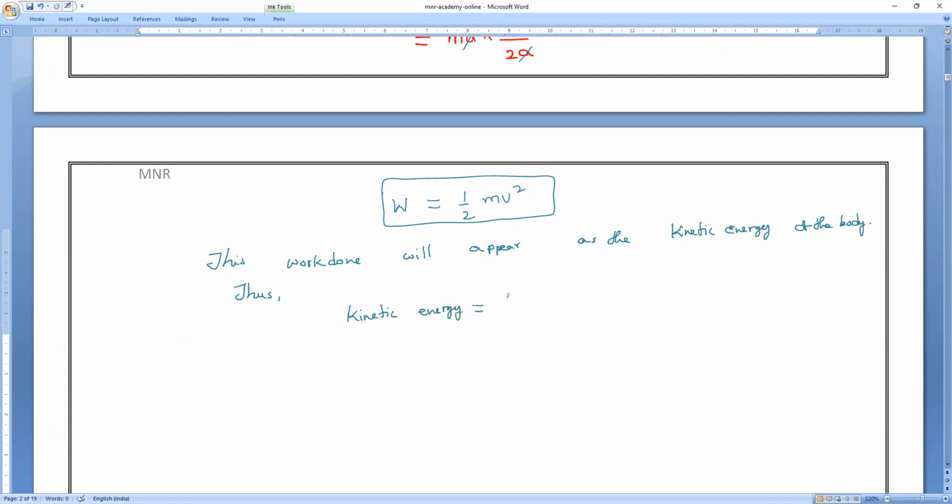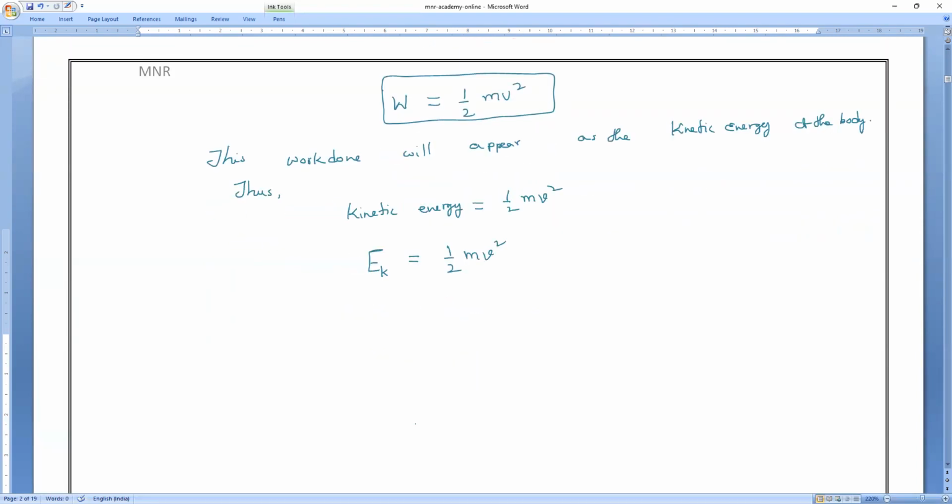Thus, kinetic energy is equal to half into m into v square. So I can say subscript EK. EK is equal to half into m into v square. All of it clear? Anybody having any doubt? You can ask.